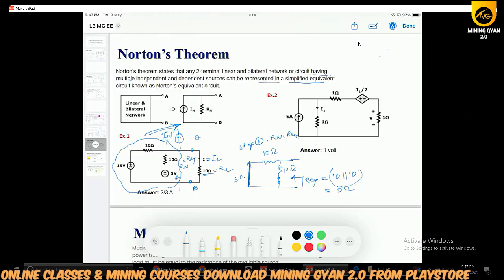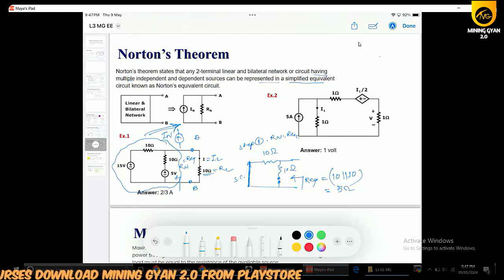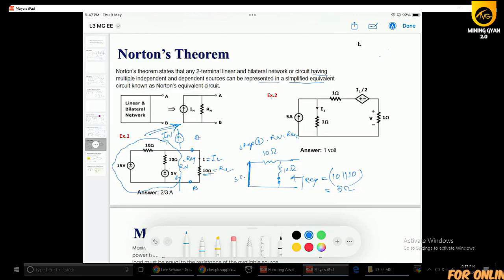After that, you want to calculate IN. So in order to calculate IN, you have to consider this source and this source also. So in step number 2, if you want to calculate IN, then you have to consider the whole circuit: plus minus 15 volt, then 10 ohms, then this 10 ohm, and this is the plus minus 5 volts, and these are the two terminals across which you want to calculate the IN.